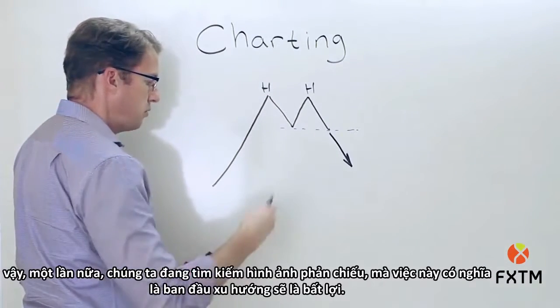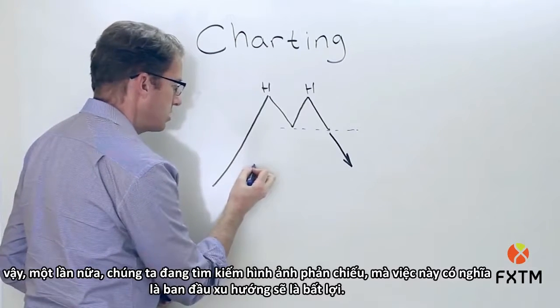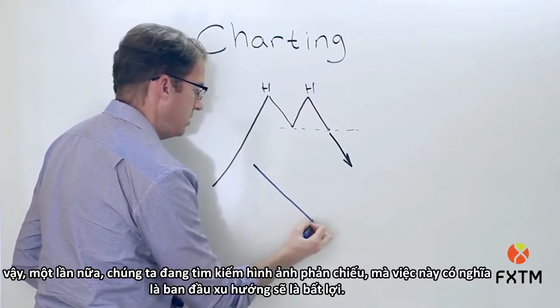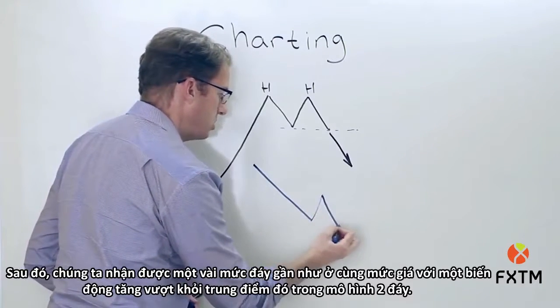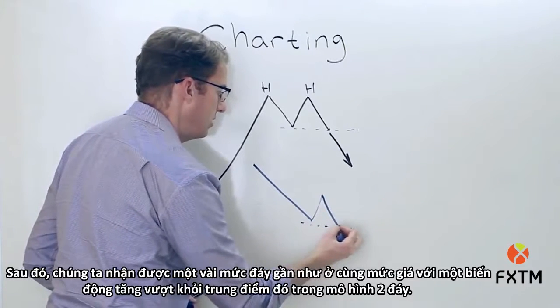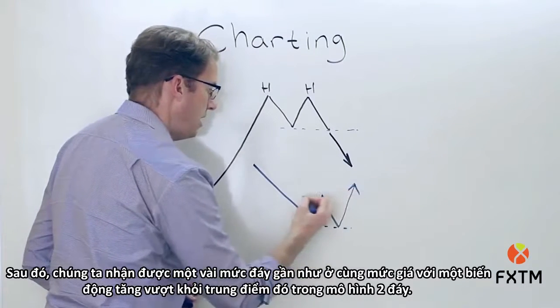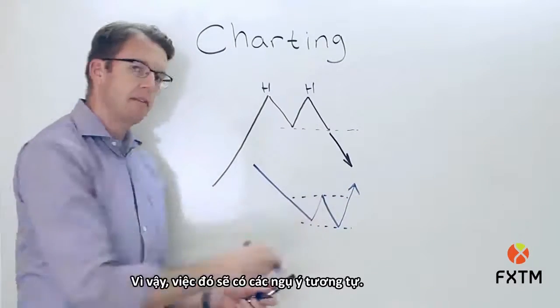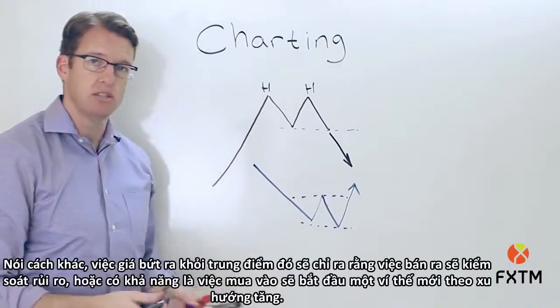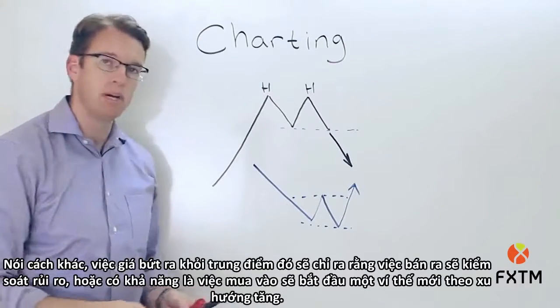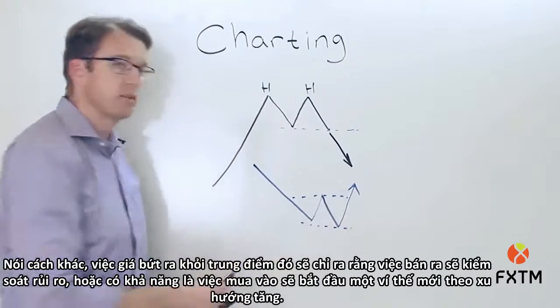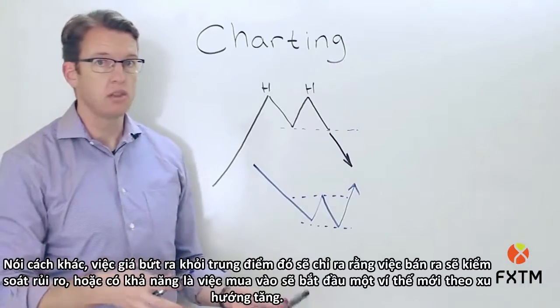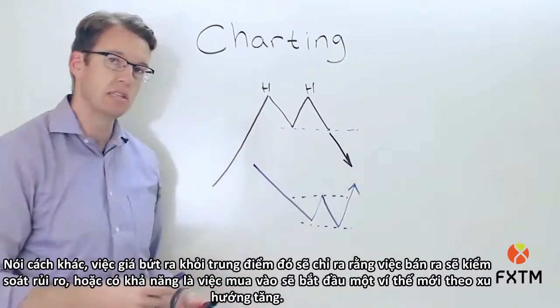So again, we're looking for the mirror image, which means that initially the trend would be negative. Then we form a couple of lows that are roughly at the same price level with a move up beyond that midpoint in the double bottom. So that would have similar implications. In other words, a break beyond that midpoint would indicate that shorts should be controlling their risk, or potentially longs should be initiating a new position to the upside.